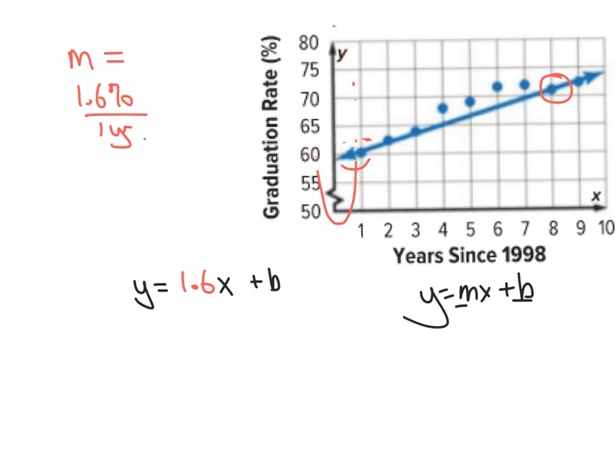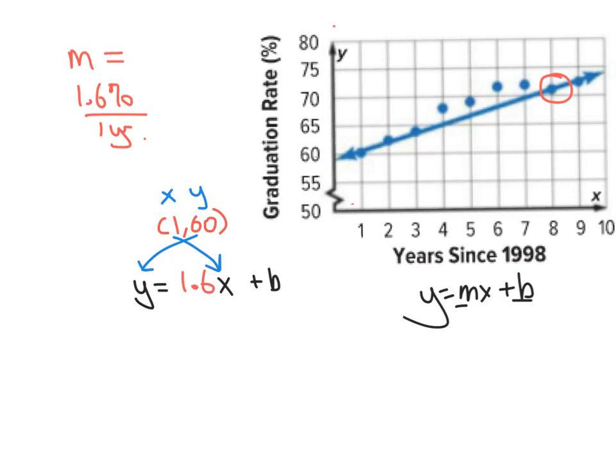And the point I'm going to choose that my line goes through is 1, 60. Now, I recommend always picking the easiest point possible that your line goes through on your graph. X is 1, Y is 60. So I'm going to substitute my X and Y with that point.